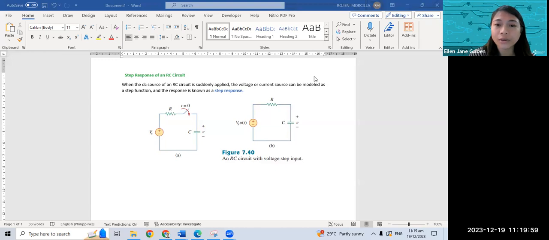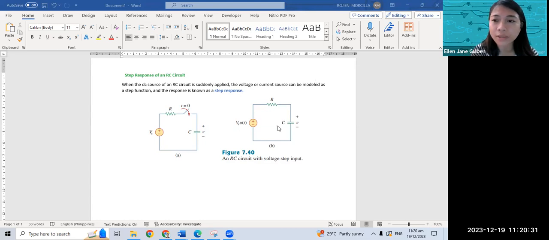So this also means that the behavior of your capacitor would possibly be charging or discharging depending on the voltage that you are supplying to your capacitor. Okay, later we will explain more what it means to be charging or discharging.